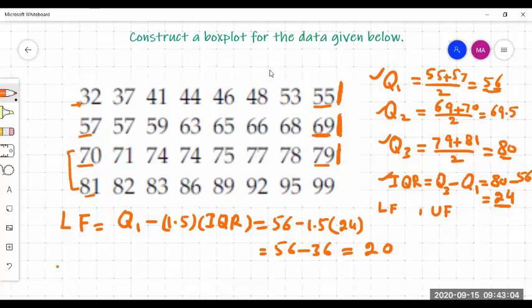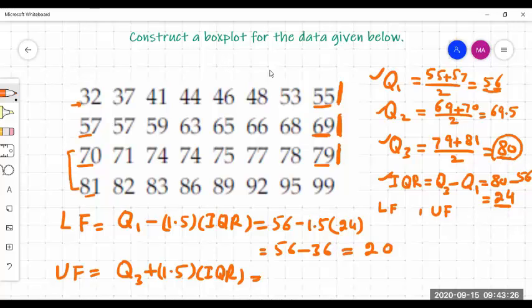And then the upper fence, UF. That would be Q3 plus 1.5 times IQR. Q3 we got here is 80, right?